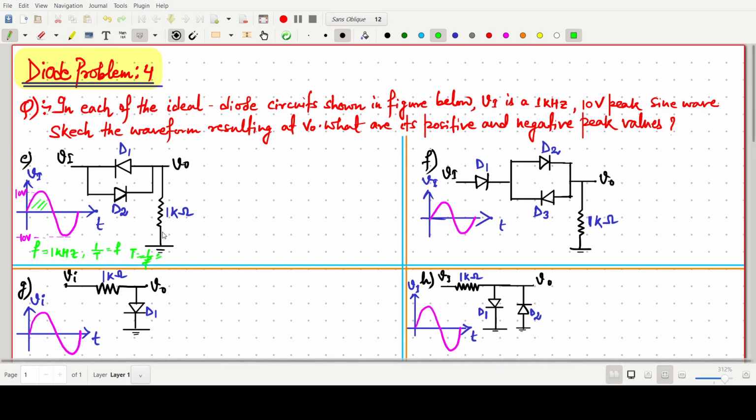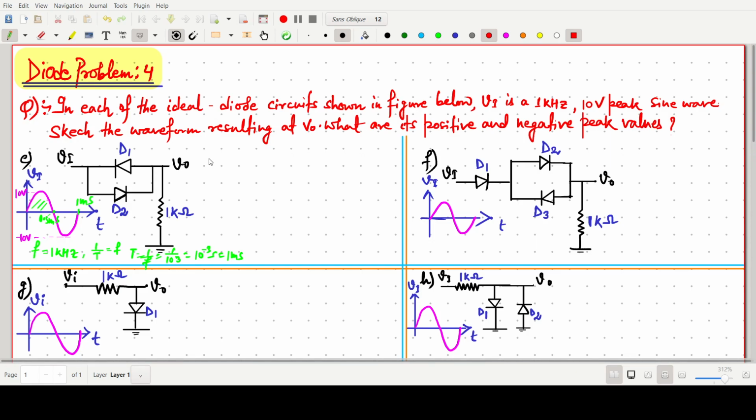If we divide 1 by f, 1 by 10 to power 3 means 10 to power minus 3 second, or simply say 1 millisecond. So the time period is 1 millisecond, and better to write this one as 0.5 millisecond, this point.